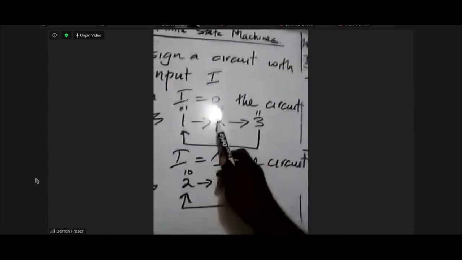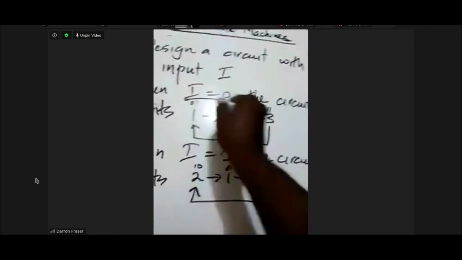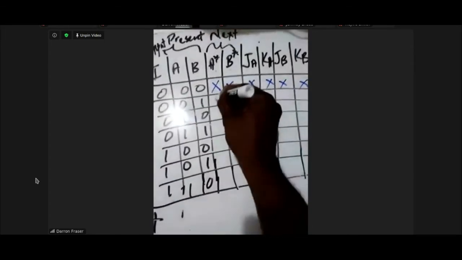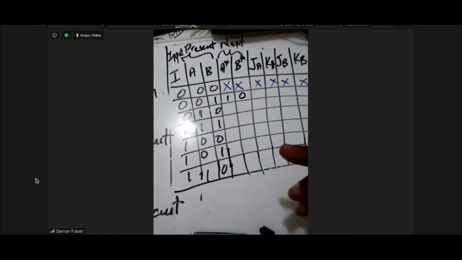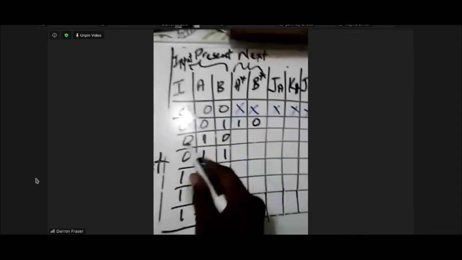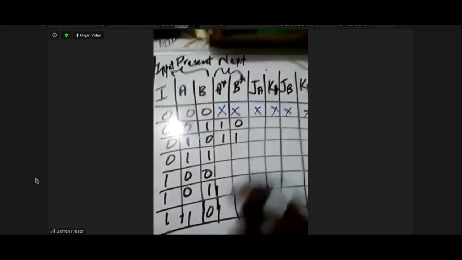So I fill in 1, 0. And if I equals 0 and I'm presently at 2, the next state that I go to is 3, so I put in 1, 1.